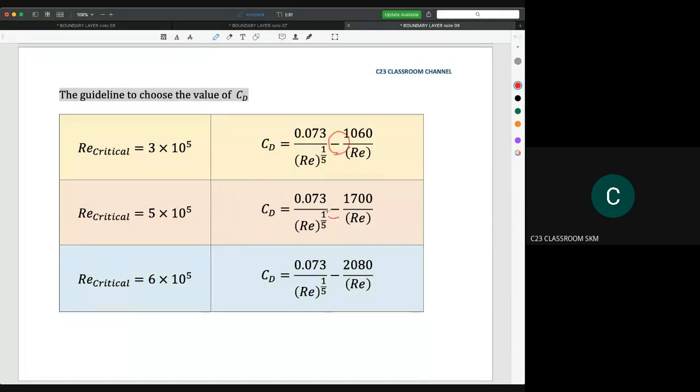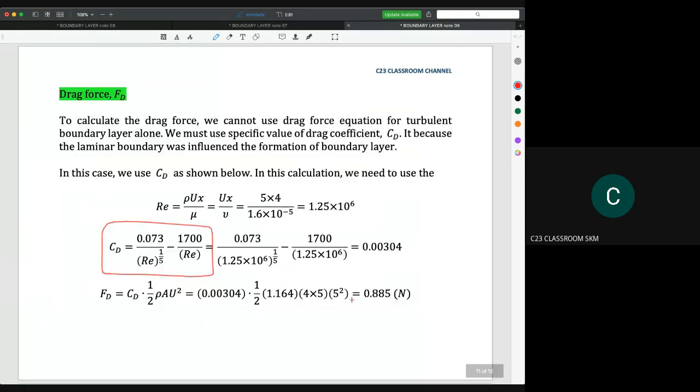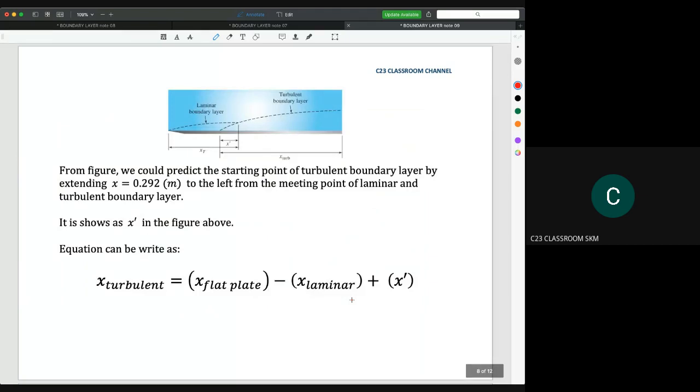That's why all these equations have a minus of something, minus 1,000, 1,700, 2,000. Why do we need to subtract a certain value? Because if we calculate 100% turbulent, we actually make a false area here. So this area actually does not exist. That's why the error is extremely large.